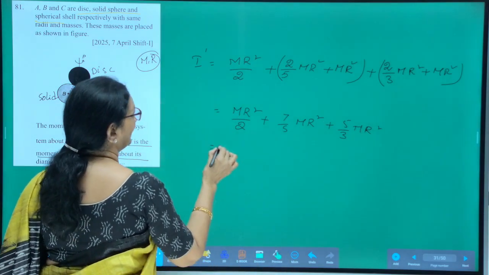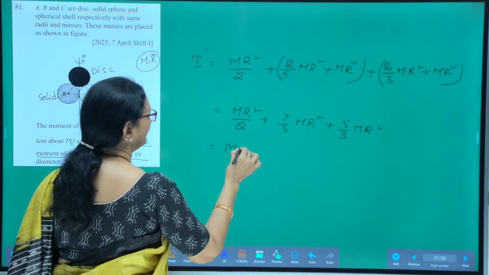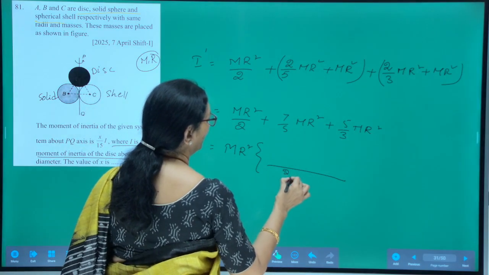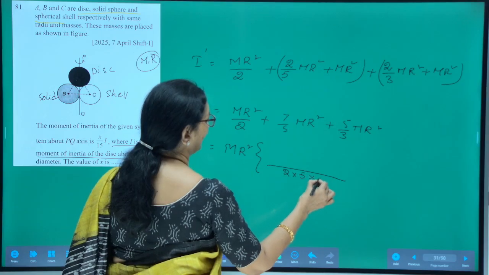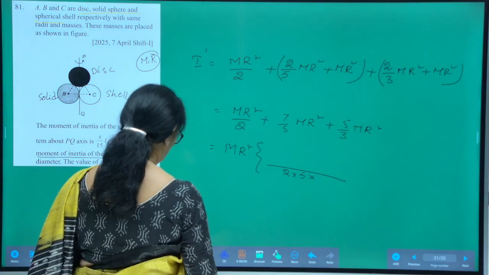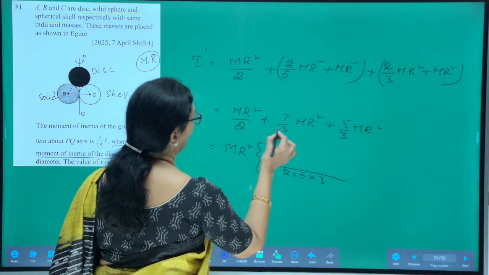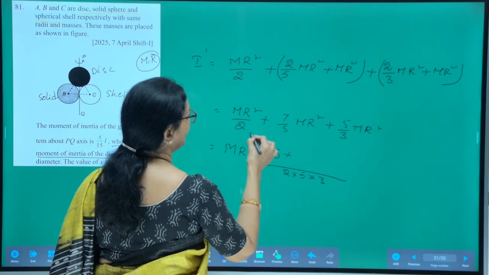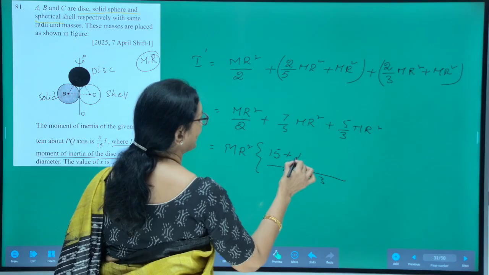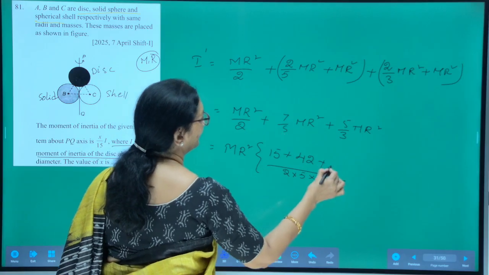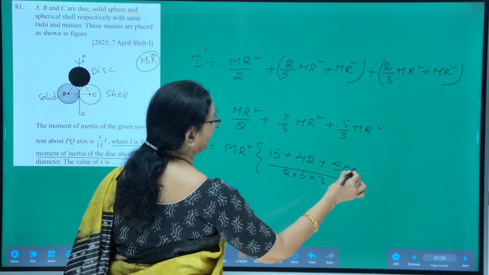So, let us take mr square as a common factor. The LCM is 2 into 5 into 3. So, for this 5, 15; for this 2 into 3, 6 sevens are 42; for this 2 fives are 10 into 5, 50.